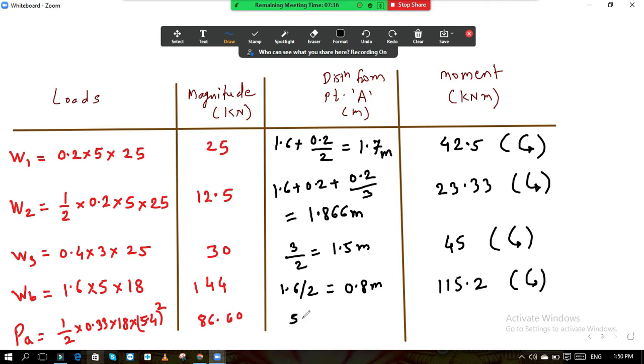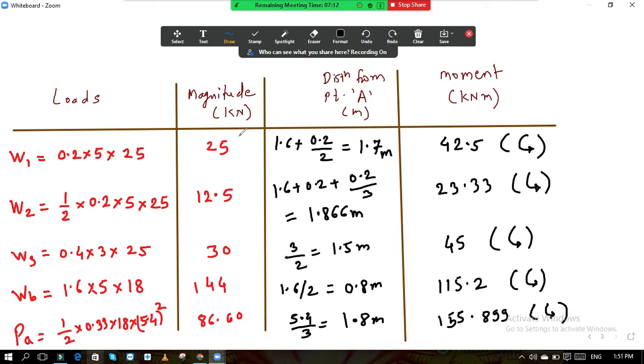So it will be 5.4 divided by 3. Here its CG is situated. It is 1.8 meter, and now this moment value is 155.899, and this will also rotate in anti-clockwise direction.